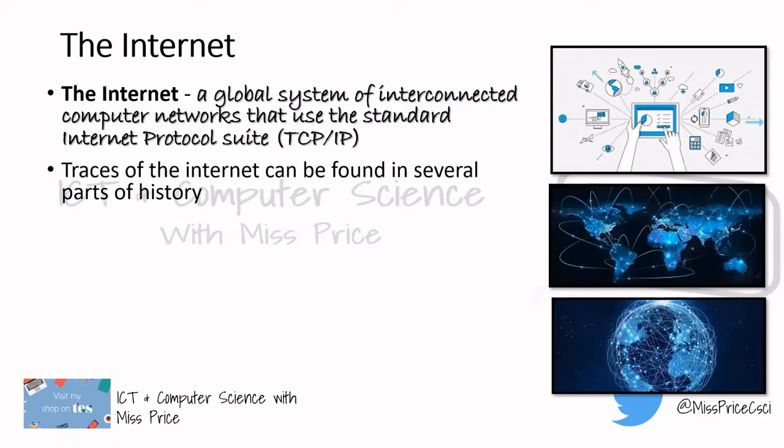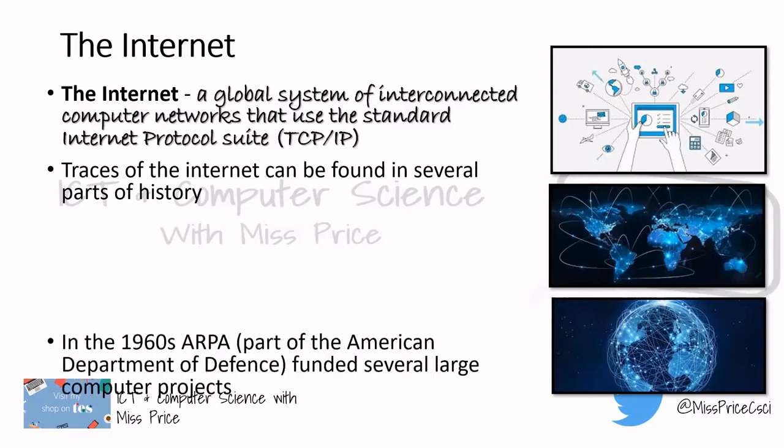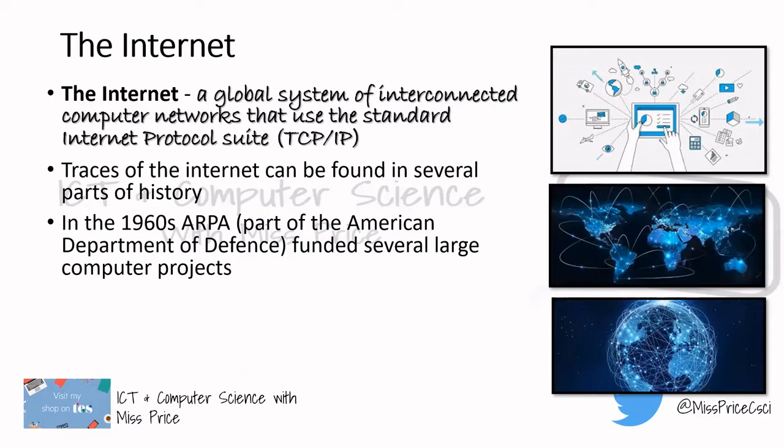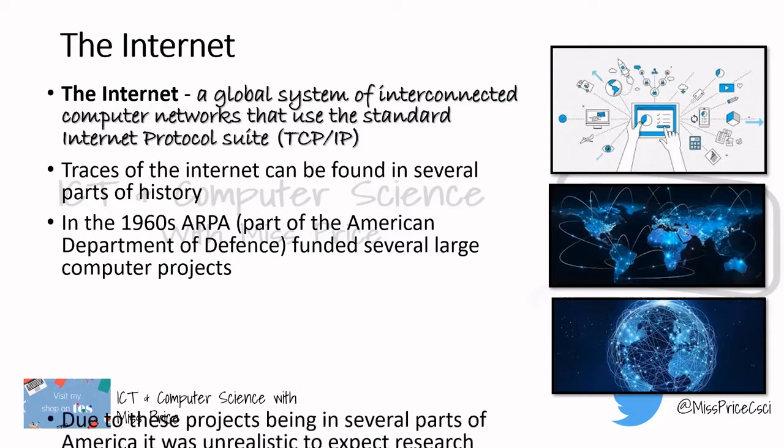And traces of the internet can be found in several parts of history, like earlier variations of the internet, such as in the 1960s, when ARPA, which is part of the American Department of Defense, funded several large computer projects. Now, America is a large place, and many research centres, such as Harvard and various others, wanted to communicate quickly and efficiently.